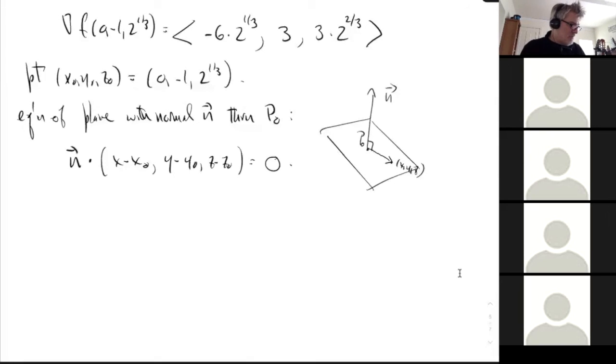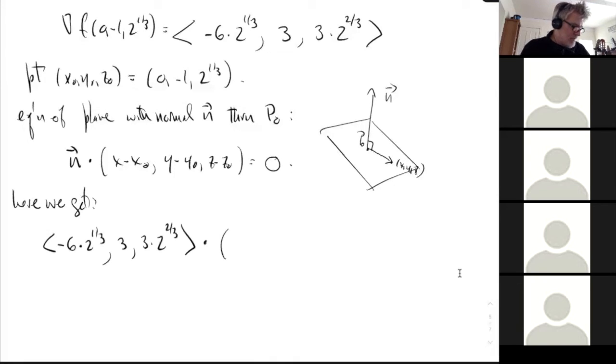So in our case, n is my gradient vector, so this is (-6 times 2 to the 1/3, 3, 3 times 2 to the 2/3) dot (x minus 0, y plus 1, and z minus 2 to the 1/3), which should be 0.